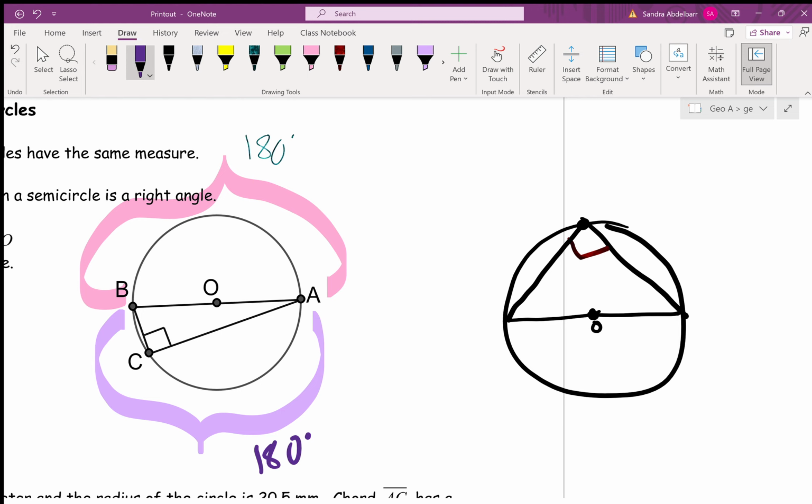C is on the rim of the circle, and isn't this angle eating the whole diameter? Yeah. So it's an on angle, and the angle is half the arc. Well, what's the arc it's eating? Isn't it eating arc BA, which is 180 degrees? Half of 180 degrees is 90. So anytime you see an inscribed angle eating the diameter, it will always be 90 degrees.